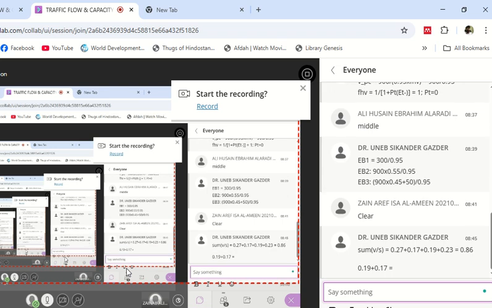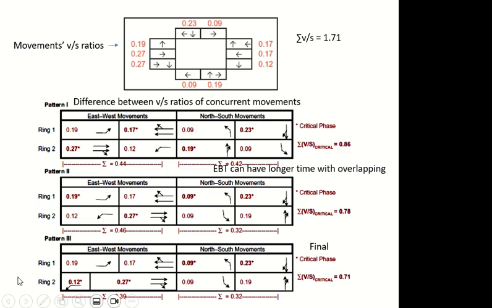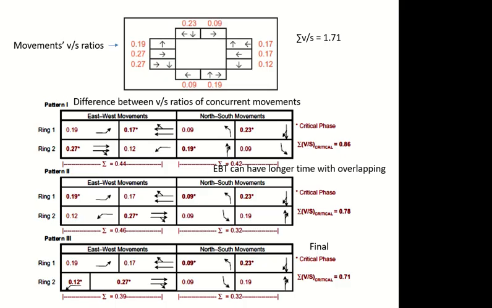How much is this? 0.36. Okay, and if I do this 0.12 plus 0.27, I get 0.39. Okay, so as we have been doing, 0.39 is more critical than 0.36. Okay, the higher one is more critical, right? The higher one is more critical.